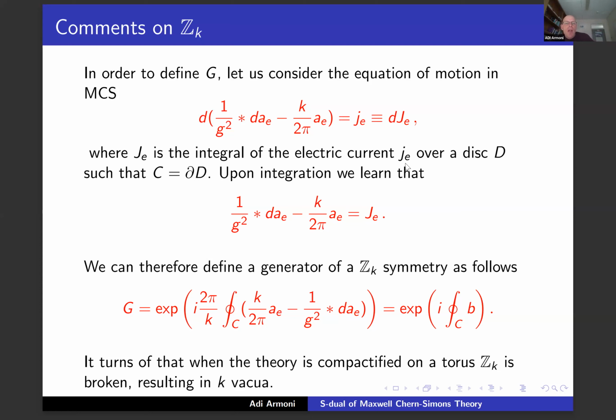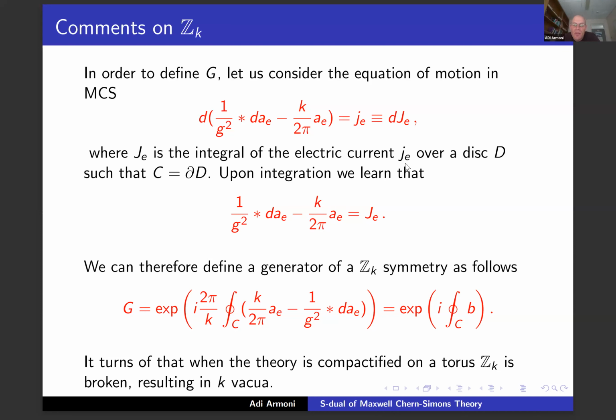And I have this capital G. Now I can define the generator. The generator G is the exponent of i 2 pi over K of this integral over the contour of the object that I wrote here.